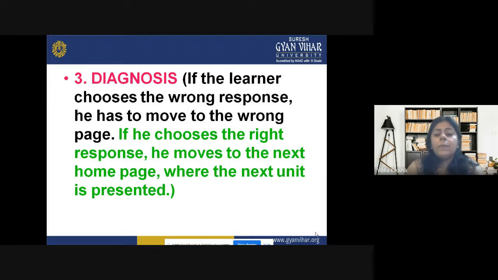That matter presented in front of the learner through the home page was the next unit.